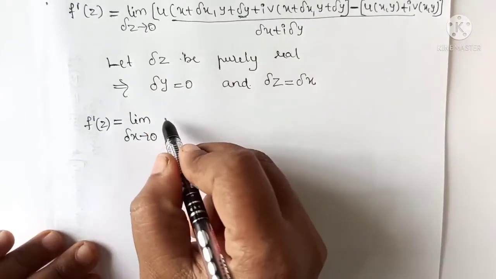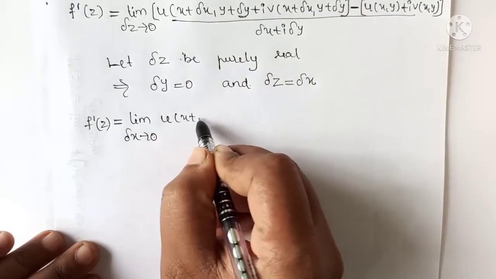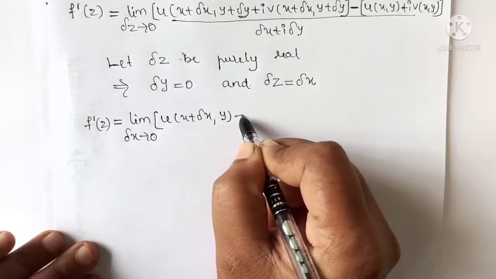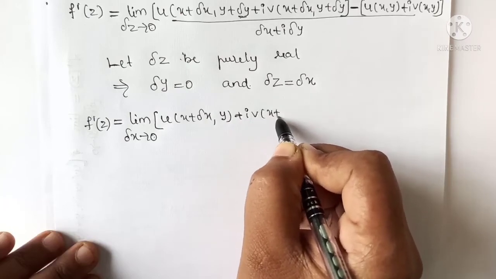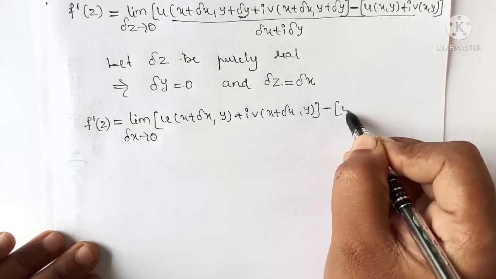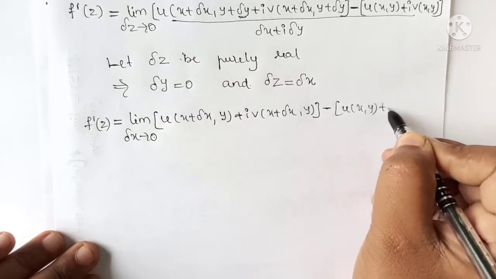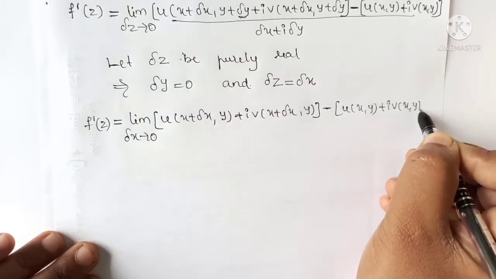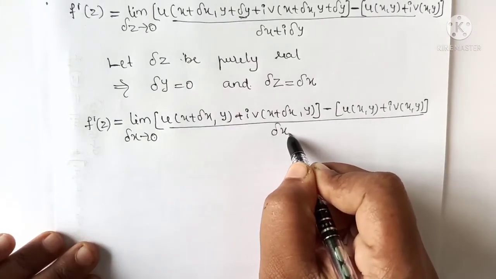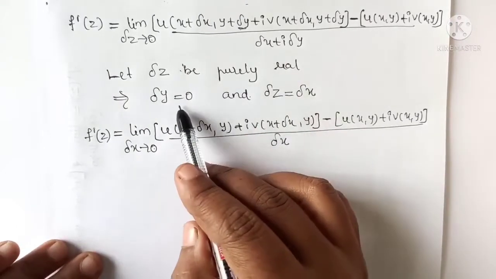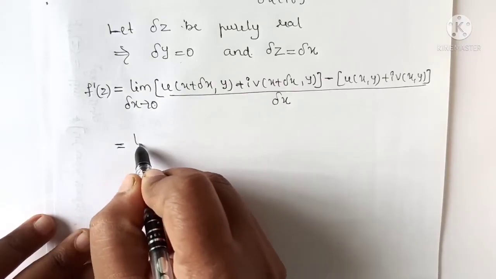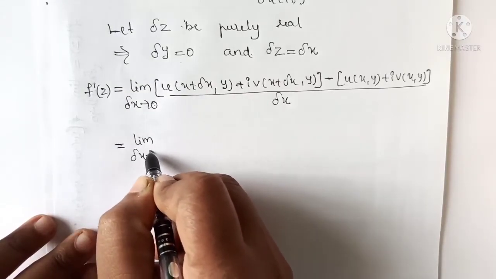So that is u of x plus delta x comma y plus i v of x plus delta x comma y, and then u of x comma y plus i v of x comma y we keep as it is, whole divided by delta x only, because we have delta y equal to 0. Then this can be further written as limit delta x tends to 0.